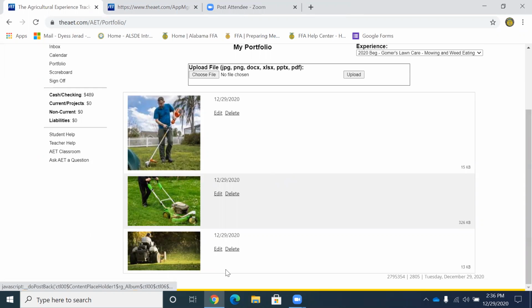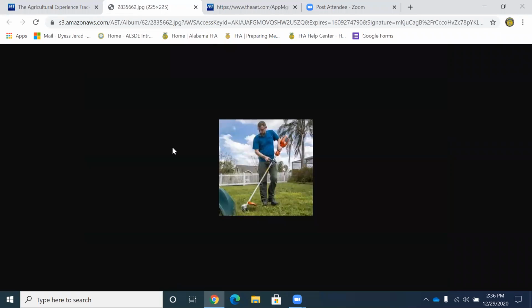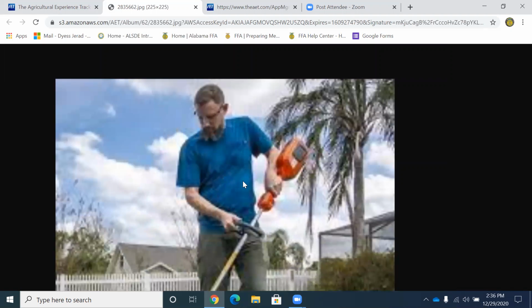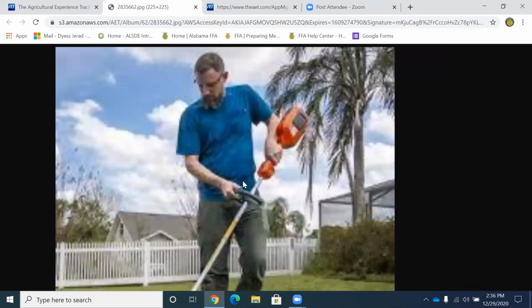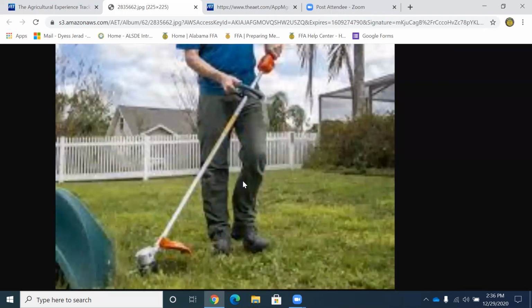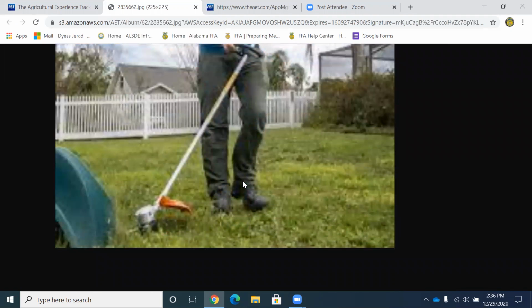This top picture up here, let's take a look at it real quick and see what's wrong with it. All right, we got a student. Let's blow it up. Has he got safety glasses on? Yes, he does. So that's actually a pretty good picture. They're doing some trimming. It doesn't appear to be a picture that's staged.